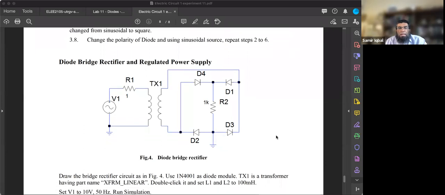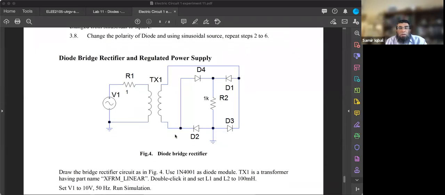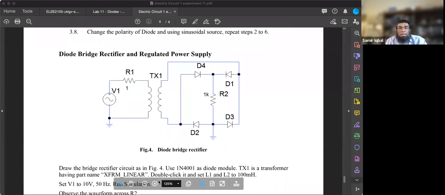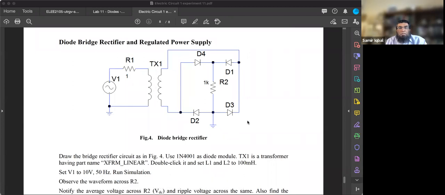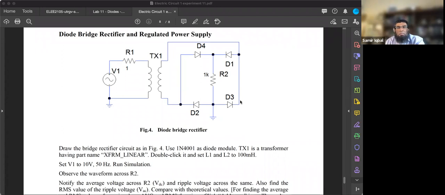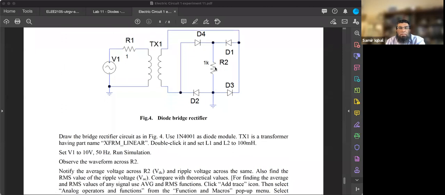So here again, you'll use this transformer, FRM linear, and you'll set L1 and L2, the windings, to 100 millihenry, V1 to 10 volt, 50 hertz, and run the simulation. And you will see the waveform across the load, across R2. And that would tell you what is happening at the full wave bridge rectifier.